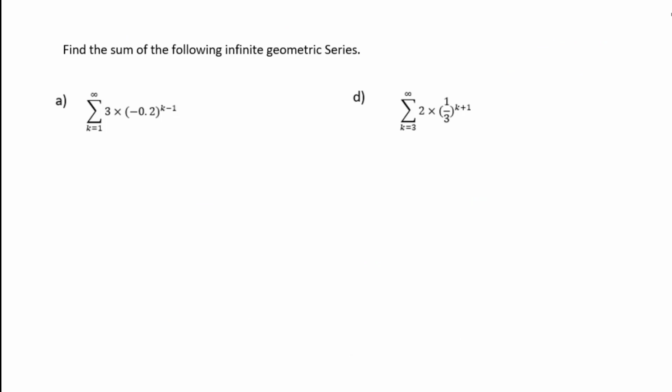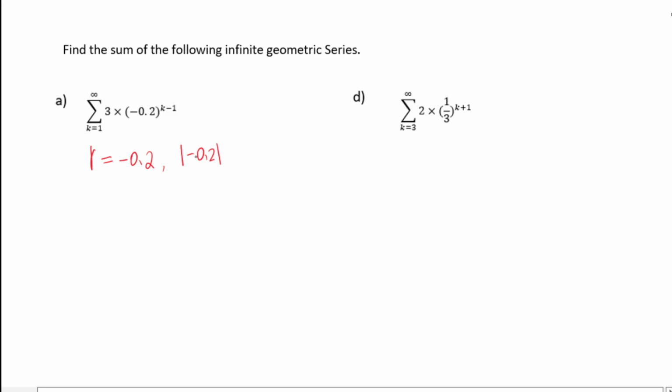Find the sum of the following infinite geometric series. For A, the sum of 3 times -0.2 to the k minus 1th power as k goes from 1 to infinity. We know the base is the common ratio, so R equals -0.2.